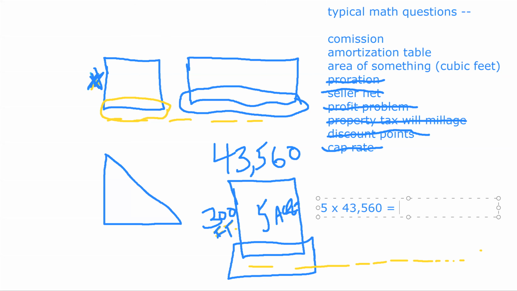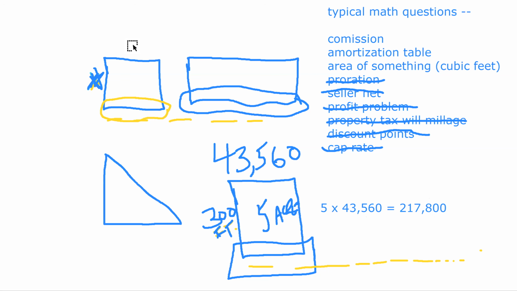So what would that get you, guys? So 5 acres times 43,560 should get you 217,800. Now, what would you do with that to find the frontage? Divide it by 300, right?